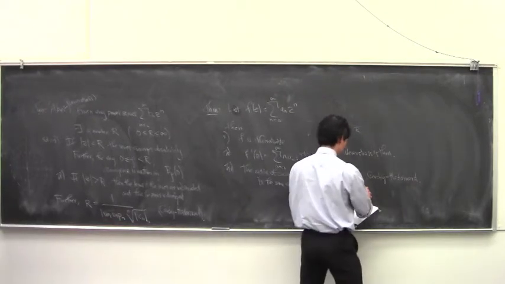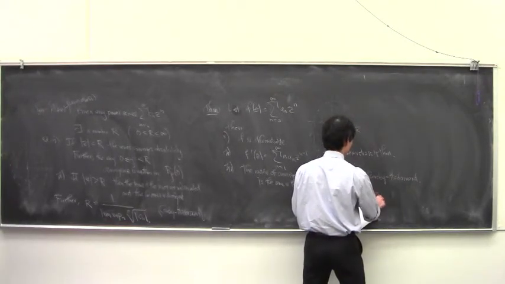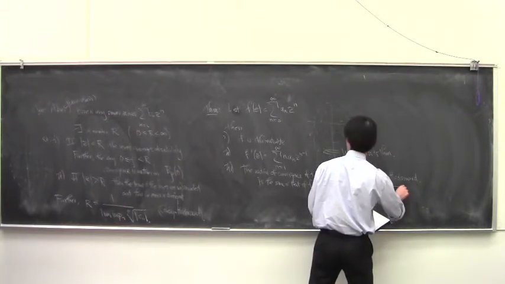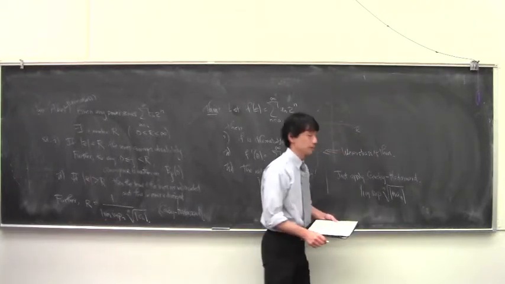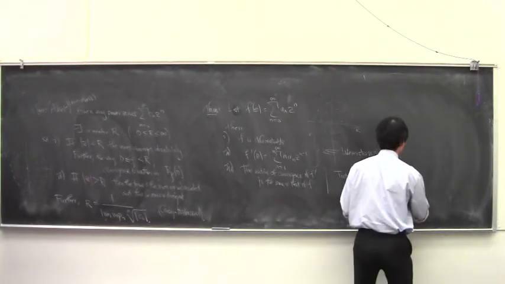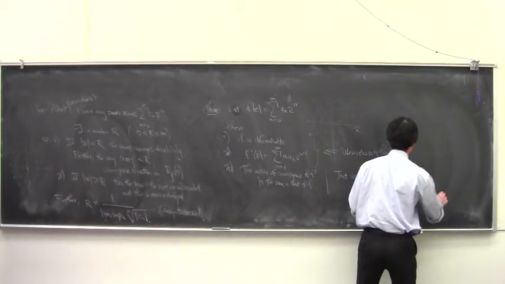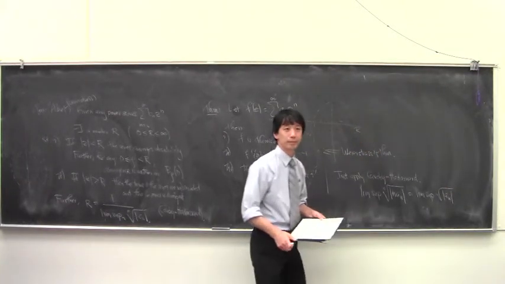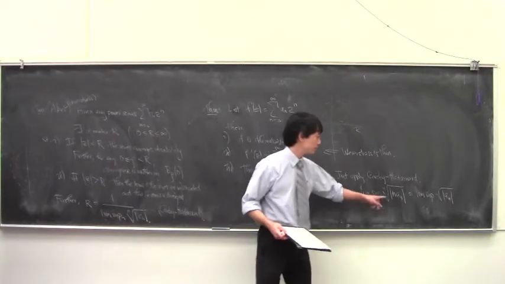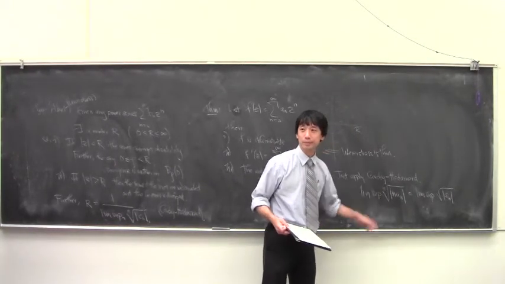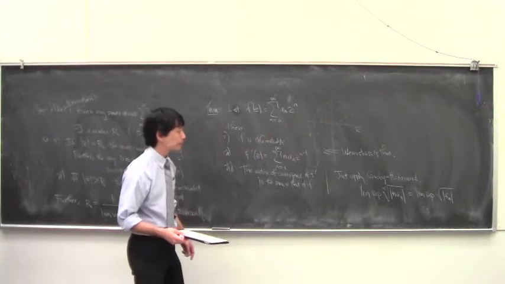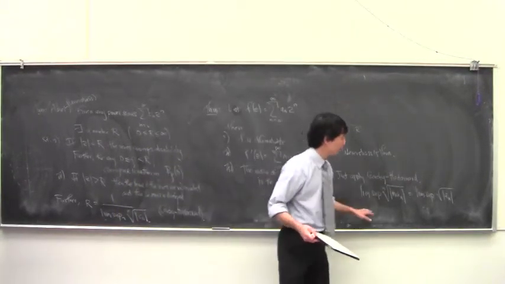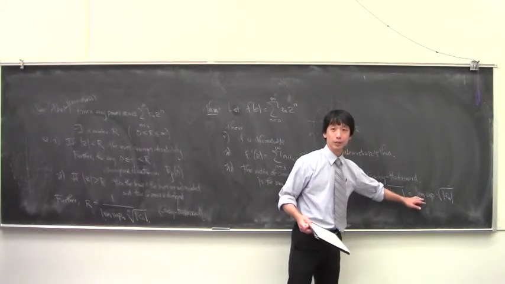You look at the lim sup of this, and you get the same thing as the lim sup of this, because the nth root of n goes to 1. So the radius of convergence of f prime will be the same as the radius of convergence of f.